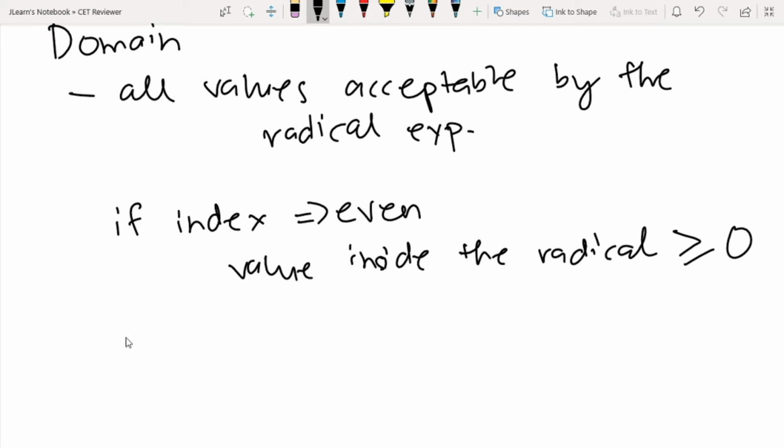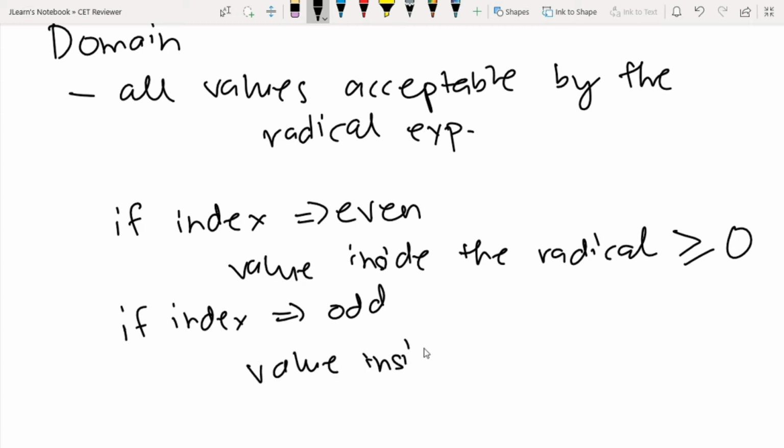Okay? Then, if index is odd, then ito, yung value inside can be any value. Okay? So I'll show you what this means, no?